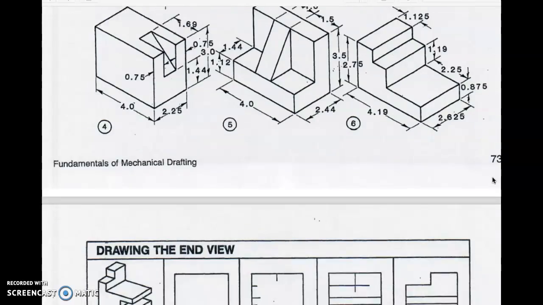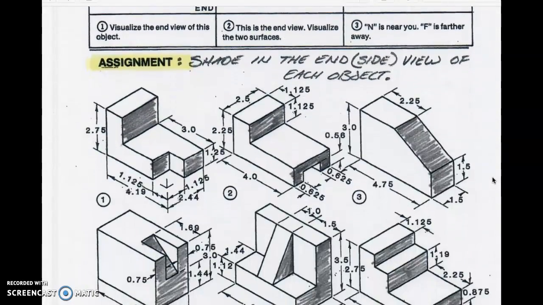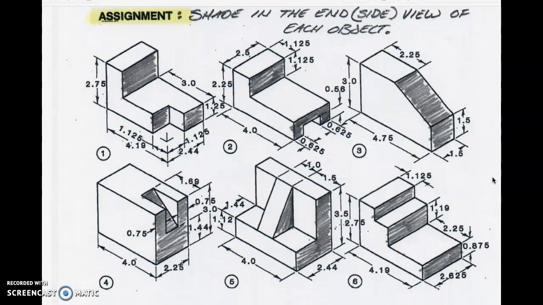So to wrap up, here is the answer key that shows the side view shaded for each object. We have in number 1, a near, a middle or medium, and a far. So we should be able to see a rectangle on top of 2 small rectangles stacked together.